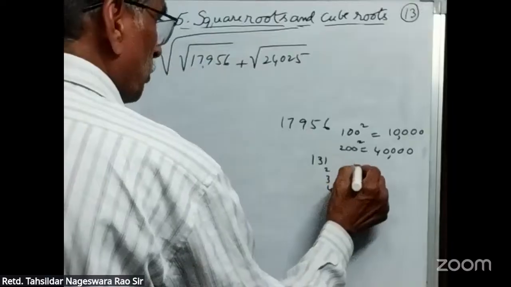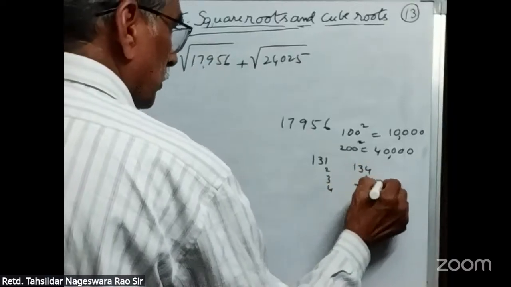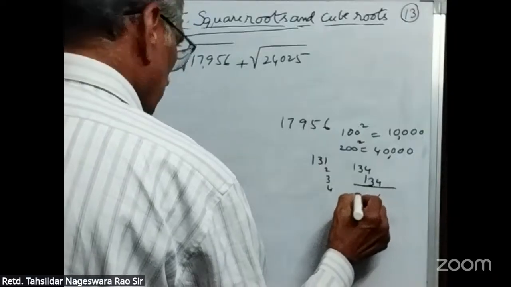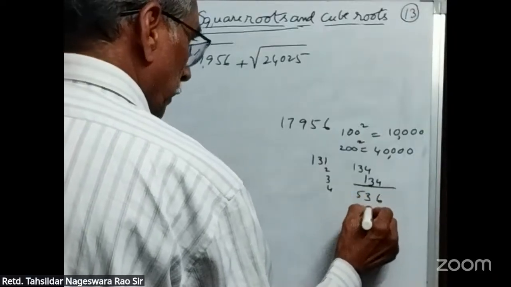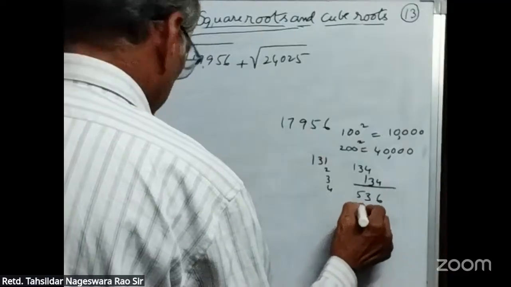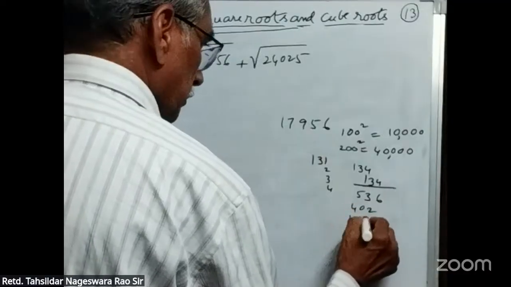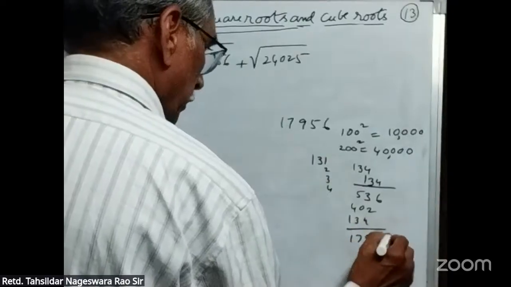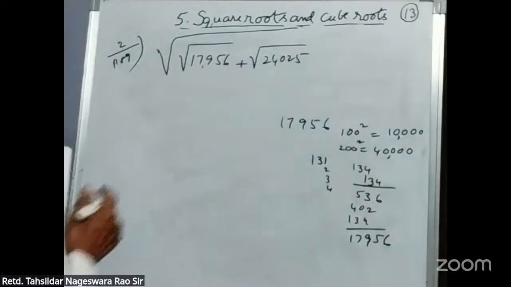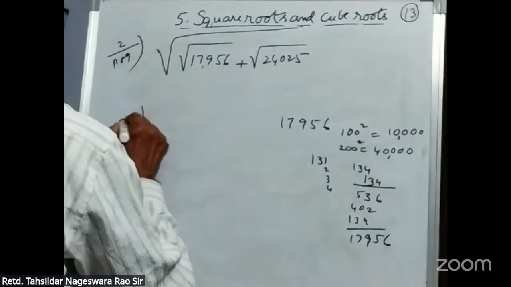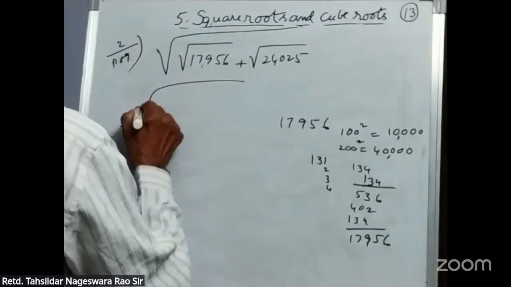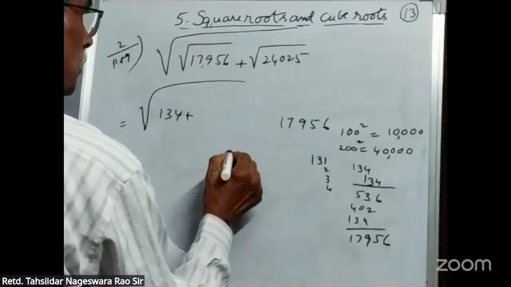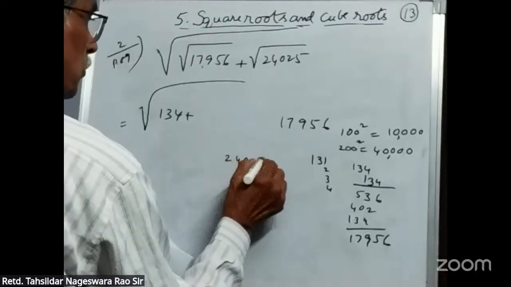So 134 is one possibility. 134 square, this one. This will be 134 plus 24,025.